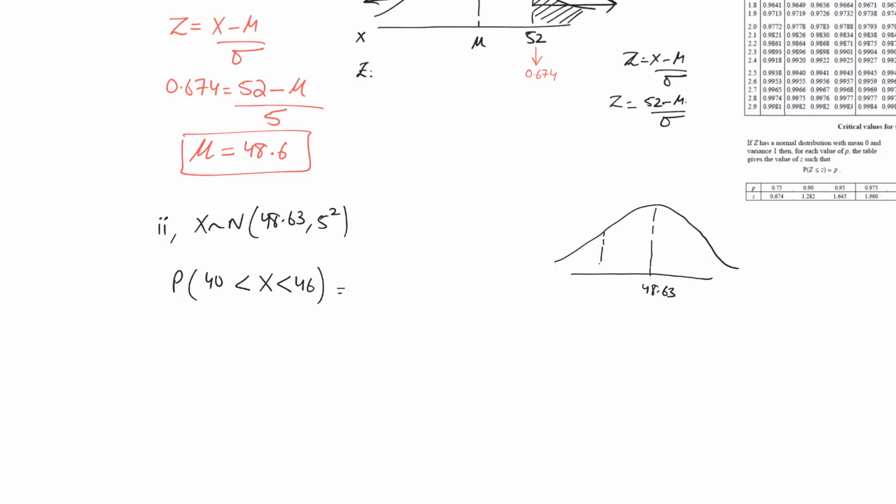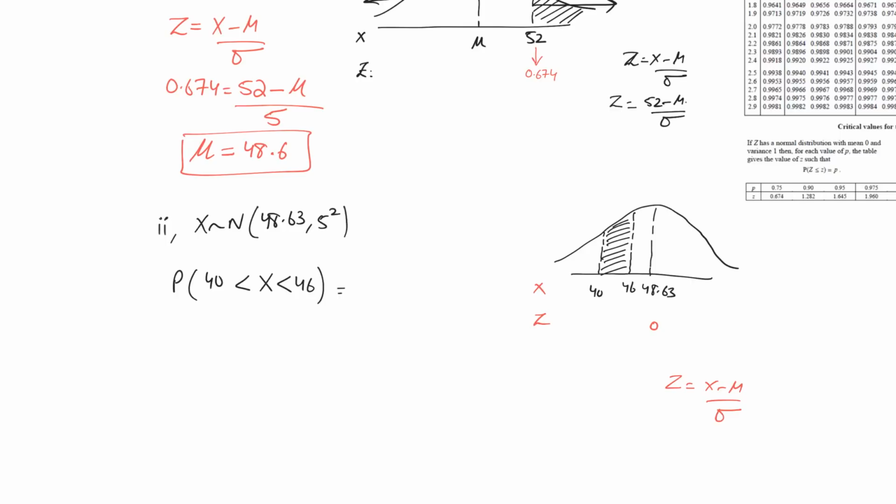So the value of 40 is over here and the value of 46 is also here. So we are looking at the region between them. Now you can use your transformation, that is x minus mu over sigma, to calculate the z values. These were x values. The z value for the mean is always 0. The z value corresponding to 46, you can calculate through this x minus mu over sigma.